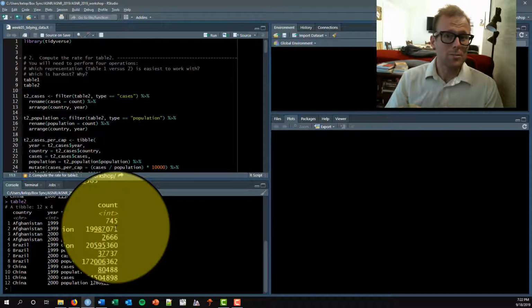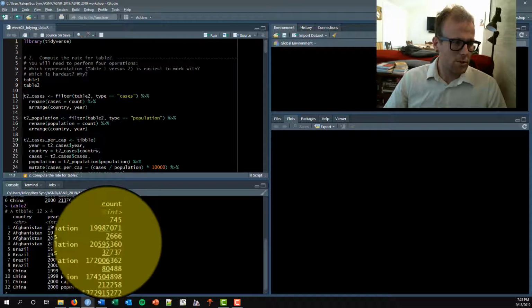However, if I want to compute rates, one of these types of data is going to be easier to work with than the other. And by rate, we mean we want to normalize the number of tuberculosis cases to the overall population of the country. And then we're going to multiply that by 10,000 to get the number of cases per 10,000 people.